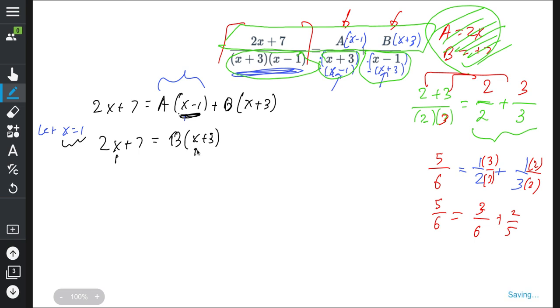There's an x, there's an x. Let's make it 1. 2 plus 7 equals B times, when x is 1, 4. So what we're getting here is 9 equals 4B. B is 4/9.